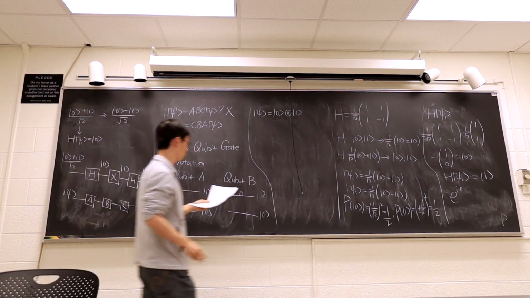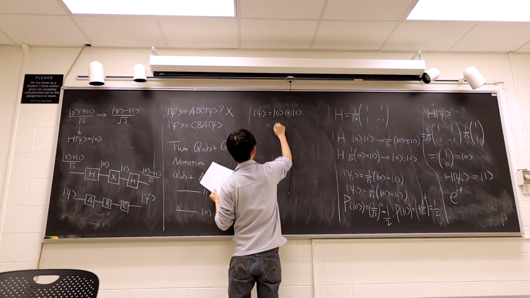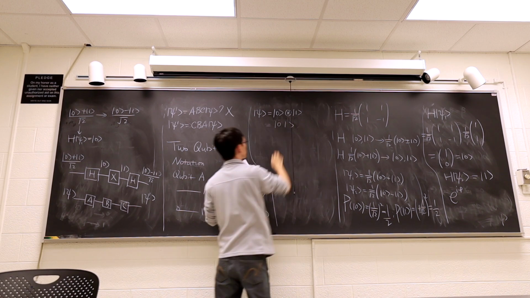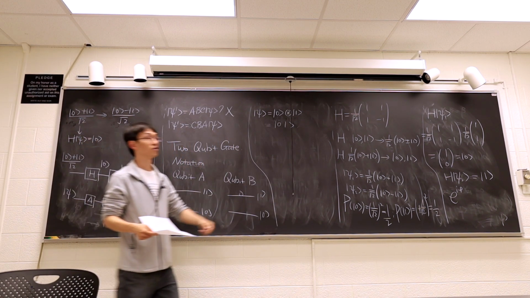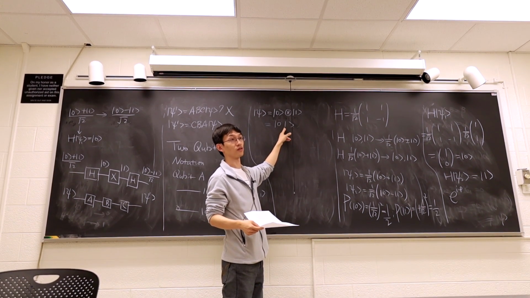And then also people would like to write it down just like this, 0, 1. There, 0 represents the first qubit, 1 represents the second qubit.